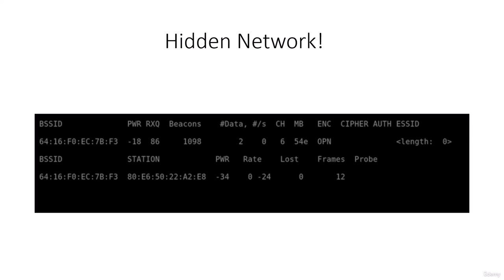What it does is send the network name in the air, and since we have the Airodump-ng engine running, it will be able to capture the name and show it to us here.